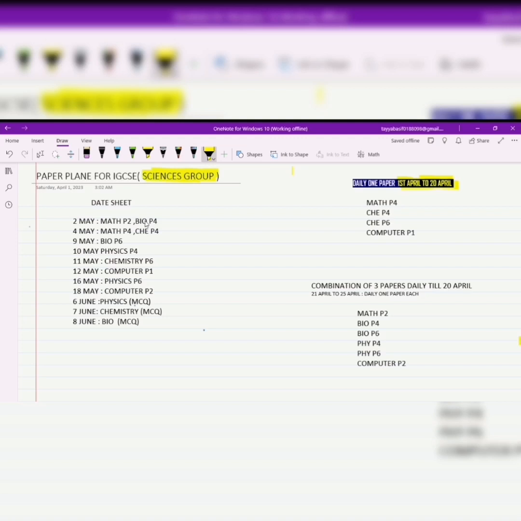Now look here, you have only 1 day to prepare for maths P4 and chemistry P4. You have only 1 day, 3 May. You cannot do anything on this day, absolutely not.